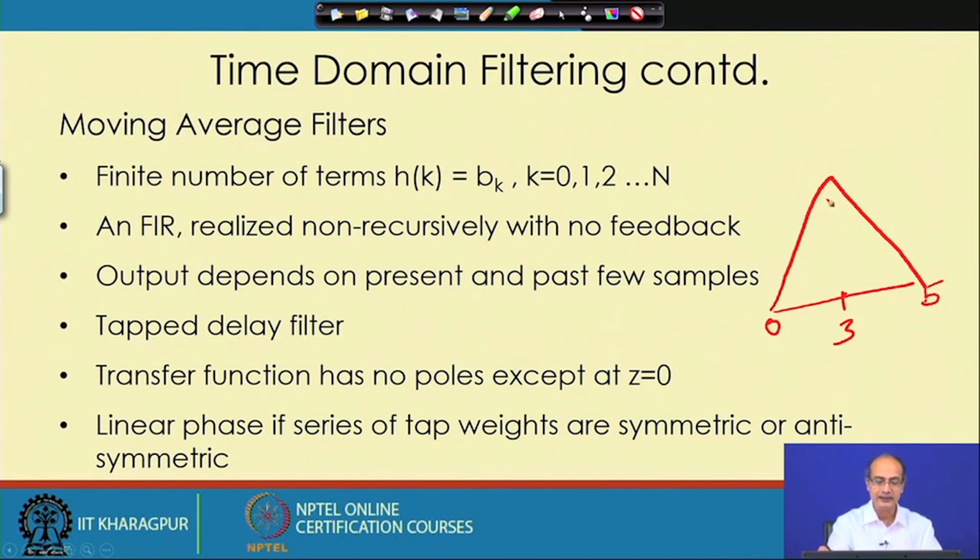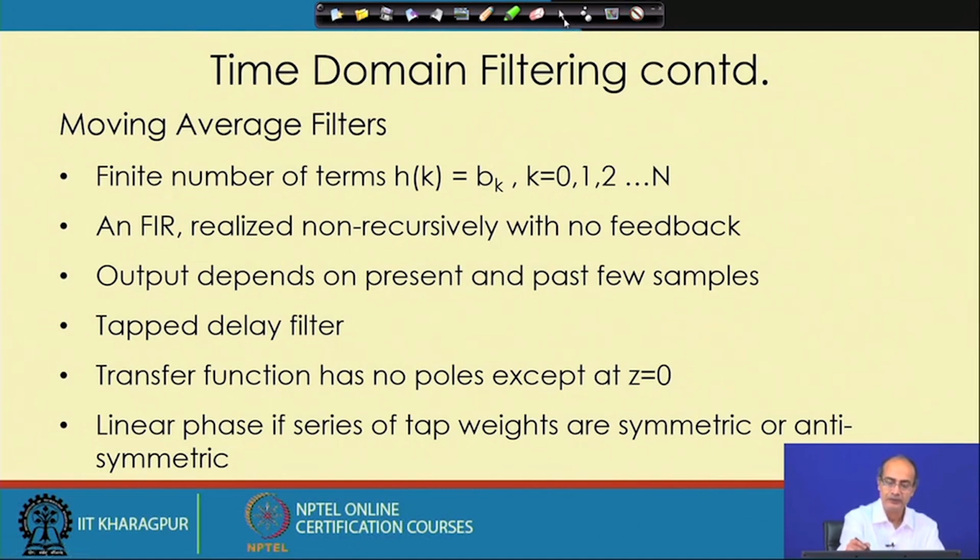So, in that case we get a linear phase. We can also have antisymmetry, which could be drawn like this. In both cases we will get linear phase. We will go through some examples that will help us realize what we mean.